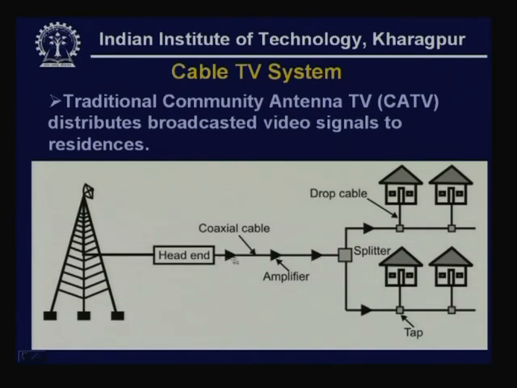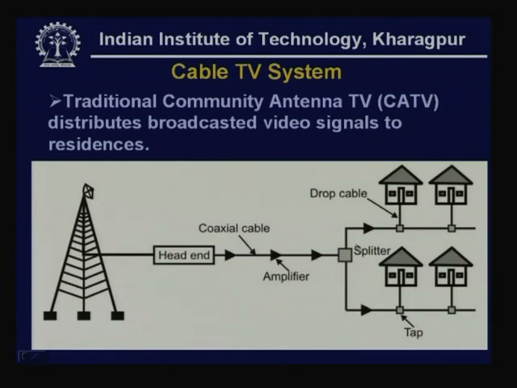This cable distribution system, as you can see, can have a number of amplifiers, because the signal strength gets attenuated as the signal goes from the head end towards the residential complexes. So, you can have a large number of amplifiers.